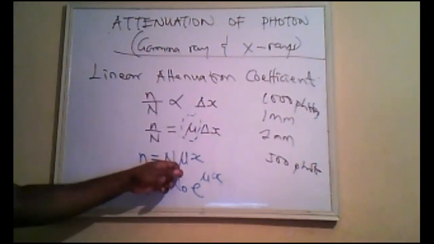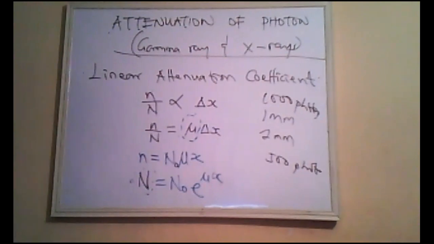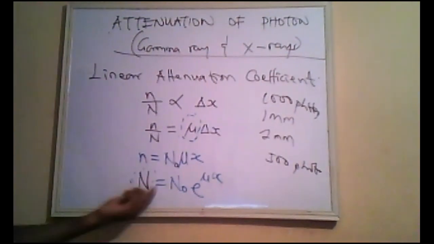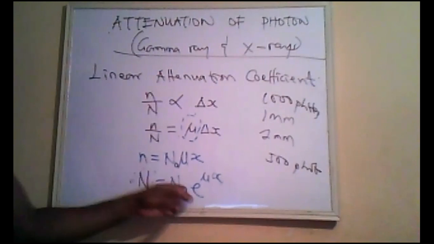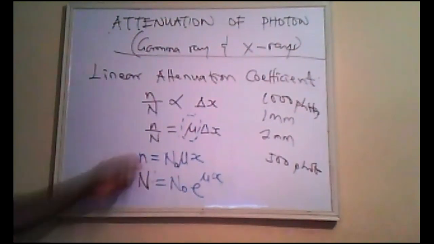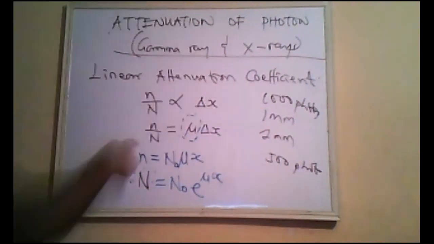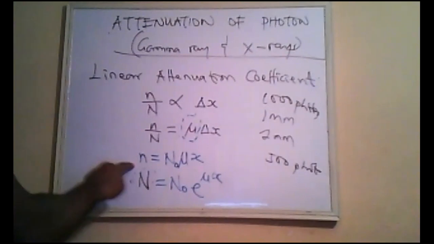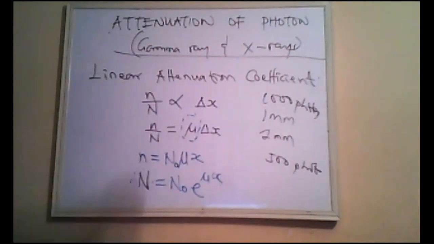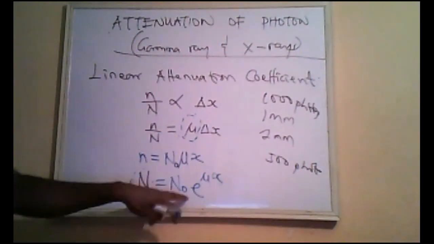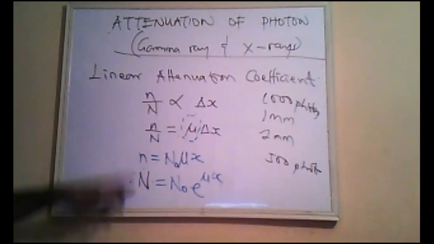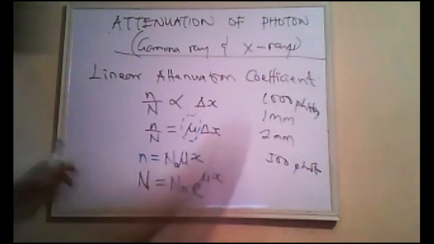This n naught is the initial number of photons we are looking at. Then this N here is the number of transmitted photons. It's different from the other one, which is the number of attenuated photons, that is, the number of photons that have been removed. Whereas this N in this equation is the number of photons that have been transmitted.